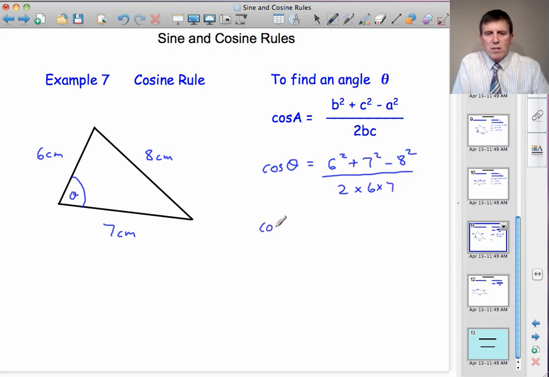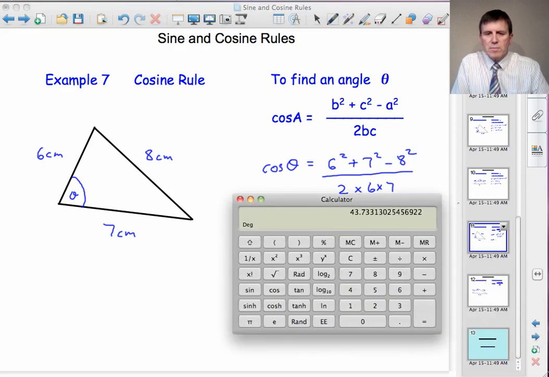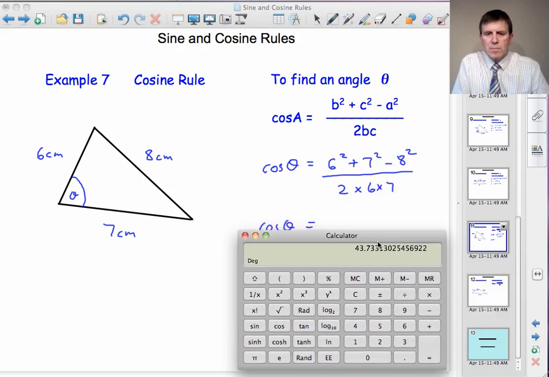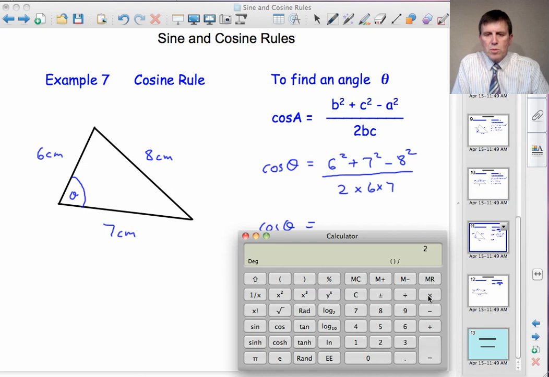So cos theta is equal to, let's work that out on a calculator. 6 squared plus 7 squared minus 8 squared equals 21, divided by, open brackets, 2 multiplied by 6 multiplied by 7, close the bracket, equals 0.25.